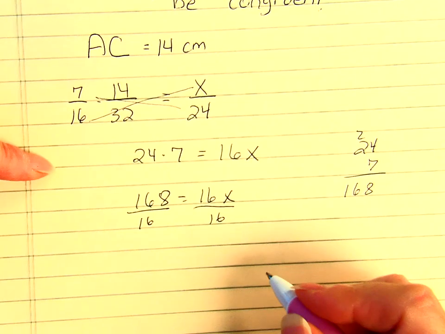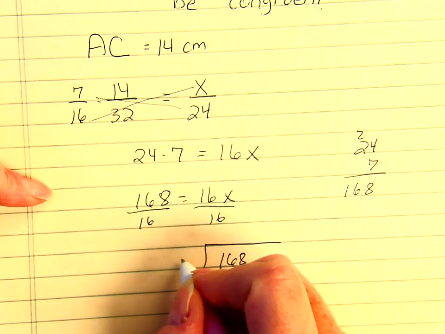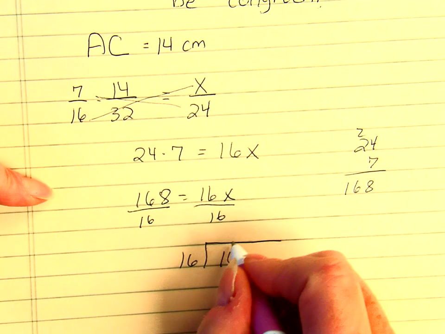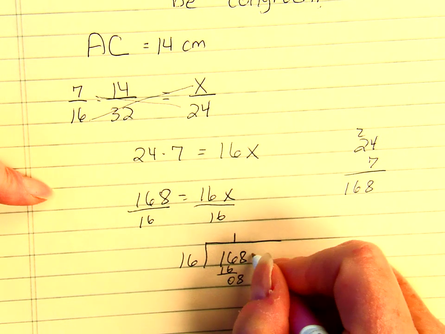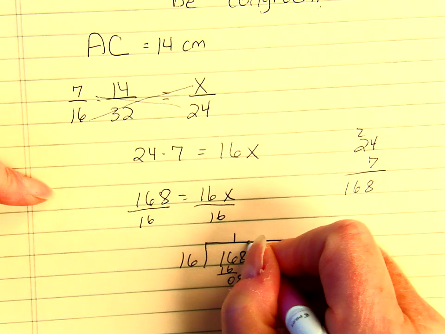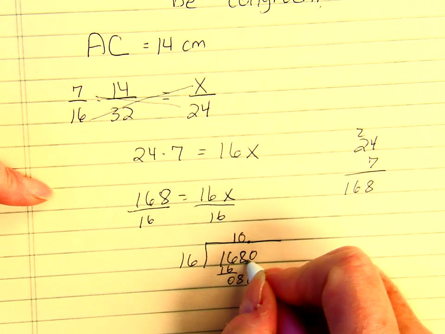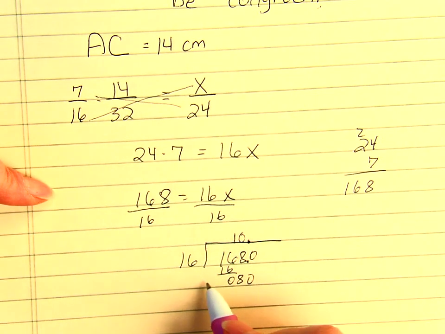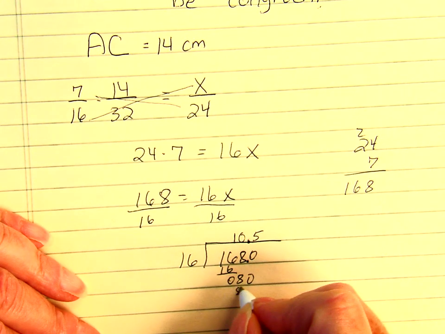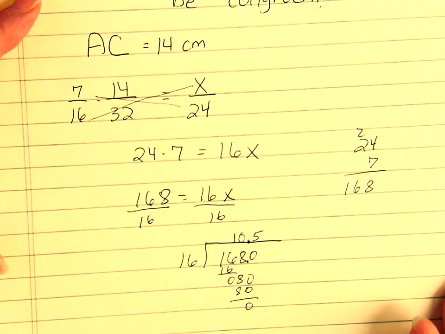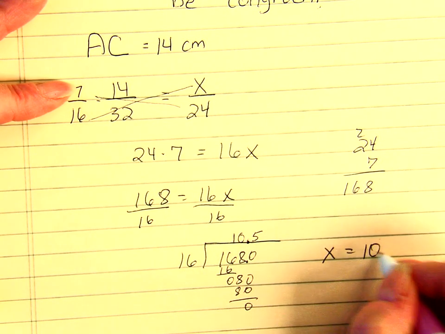So I have 168 divided by 16. 16 goes into 16 once, bringing down my 8, and bringing down another 0. 16 does not go into 8, so there's a 0 here. There's my decimal point, and 16 goes into 80 exactly 5 times, finishing my problem. And so what I end up with is x equals 10.5.